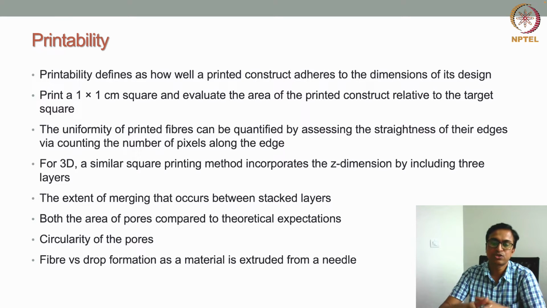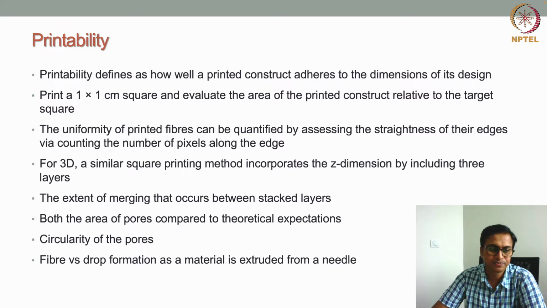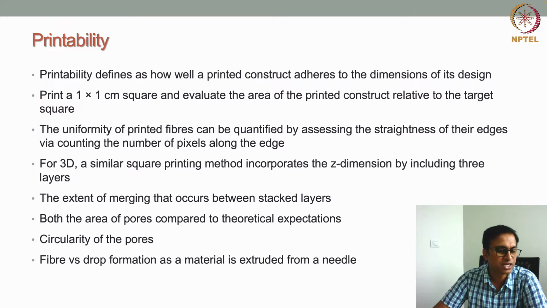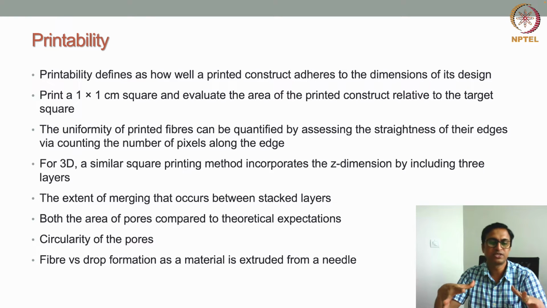If the pores are a perfect square, that implies the bioink has very good printability. If the pores are becoming circular, that means there is a widening or deformation, a spreading of the lines, that can lead to circularity of the pore.